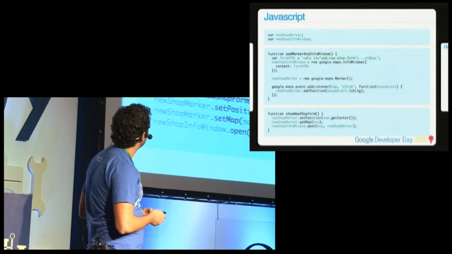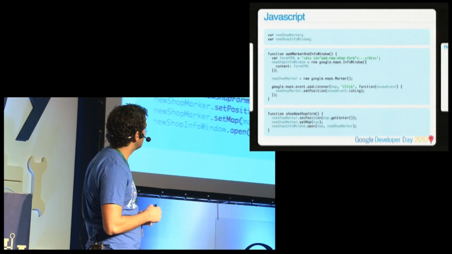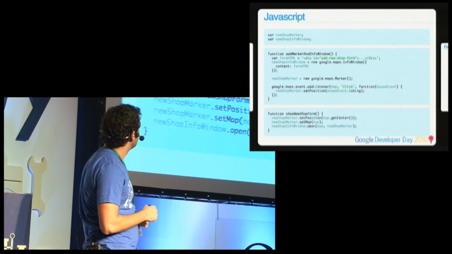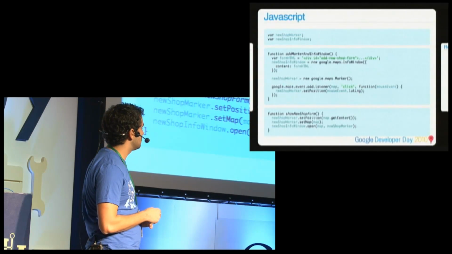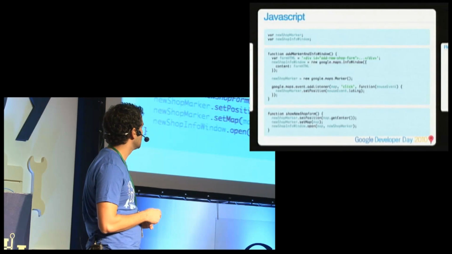So all I'm doing here is creating the info window. I'm giving it some arbitrary HTML, which I display by passing in content in this info window object. I'm creating the marker, and then when the map is clicked, I want to move the position of the marker.